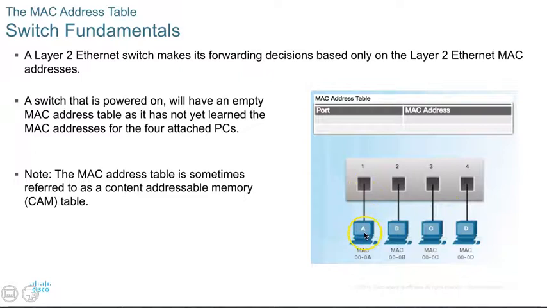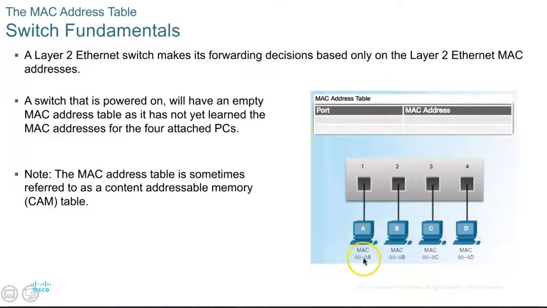The way a switch forwards traffic from one station to another is by learning every single station's MAC address. A switch stores the MAC addresses of all devices connected to it in something known as the CAM table. Remember that term, CAM table. So the switch has a table that looks like this, where you say in port 1, I have MAC address 00A.